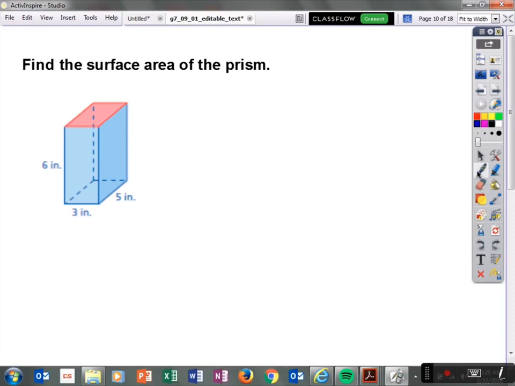Anyway, attempt to draw that to the best of your ability. So our formula is 2LW plus 2LH plus 2WH.